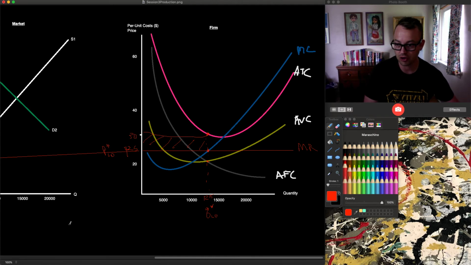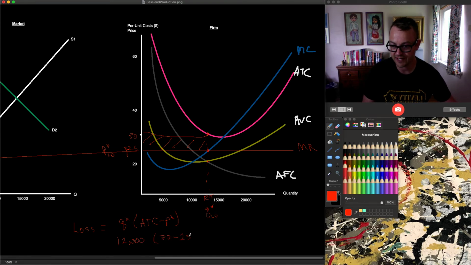So our profit or loss is Q star times average total cost minus P star. So that's 12,000 times 30 minus 25.